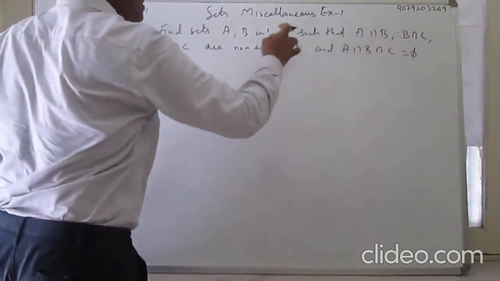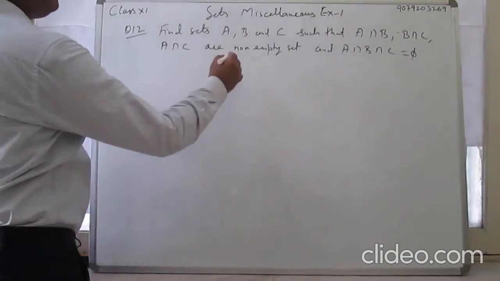A intersection B, B intersection C and A intersection C are non-empty sets.